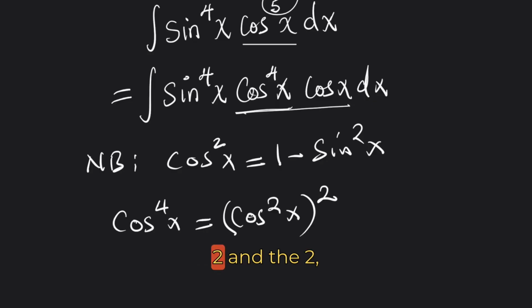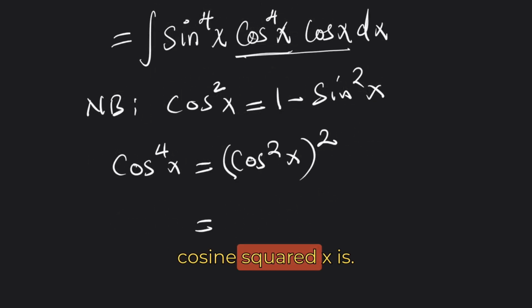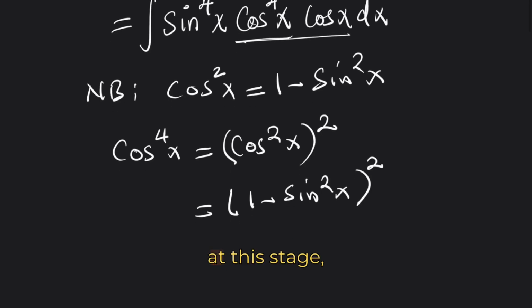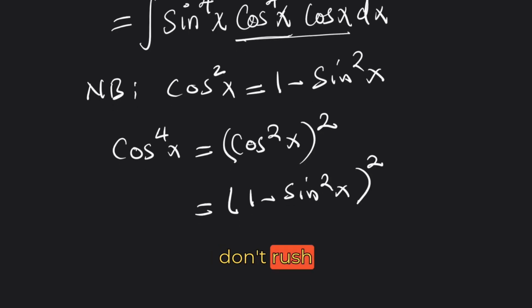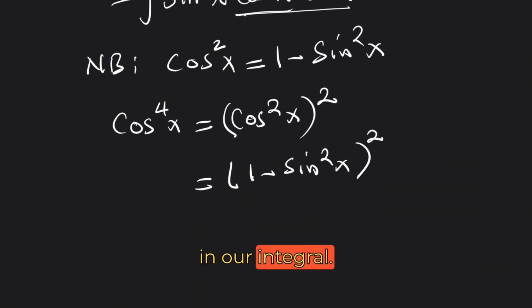You know that cosine squared x is 1 minus sine squared x, so we can just do the substitution, then I square this. Now at this stage, don't rush to expand.